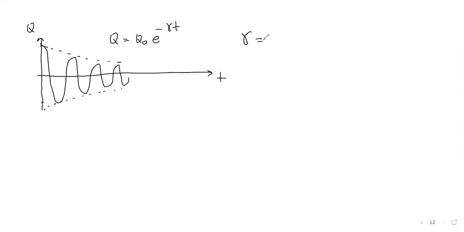And the parameter gamma, beta over 2m, remember, beta over 2m, resistance over 2m. And instead of m, I put inductance.